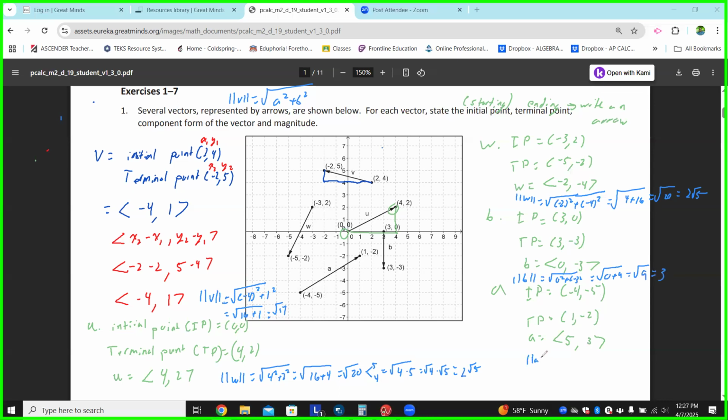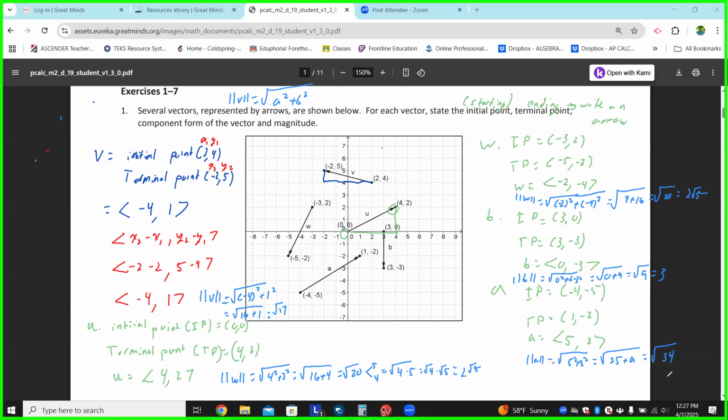Then the magnitude of A, 5 squared plus 3 squared, which is 25 plus 9, which is 34. 2 and 17, can't go any further, so it's just the square root of 34. Questions on magnitude or simplifying radicals?